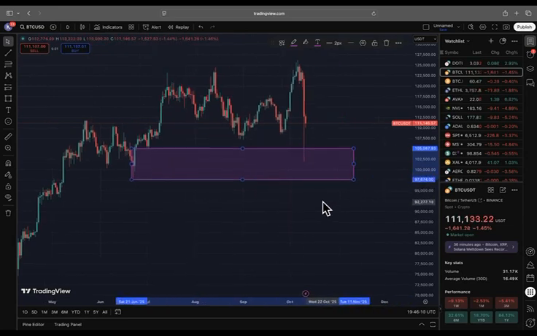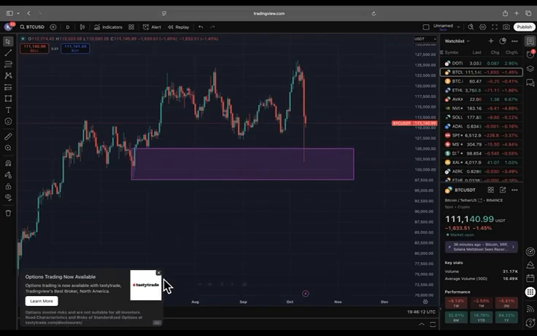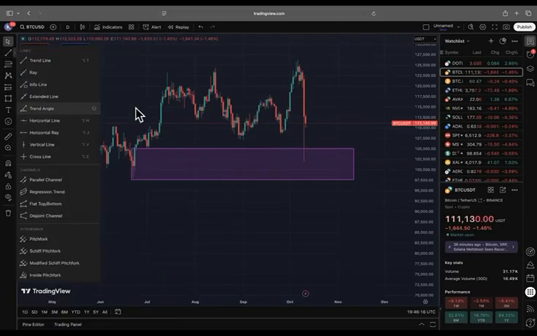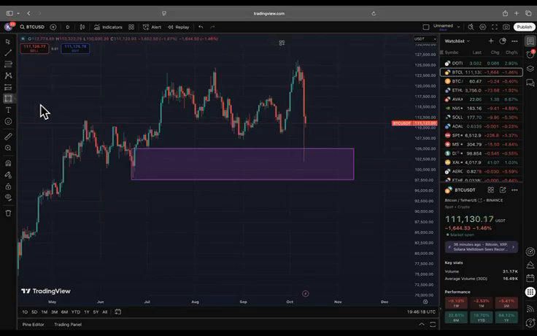So you want to say that's your area of support until price actually closes below it. Remember, I'm using a weekly structure, so this is a multi-range trade. This is a very big range trade, so you could use this for months, even years. So long as price doesn't trade below here, this area is support. And technically price hasn't closed above here.